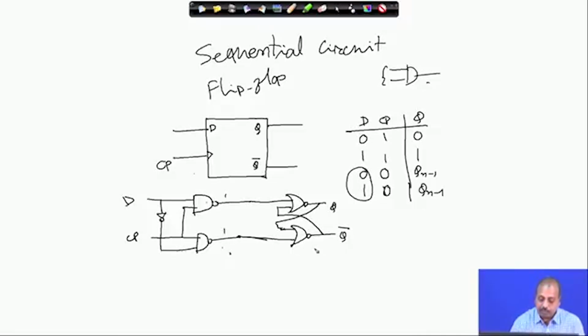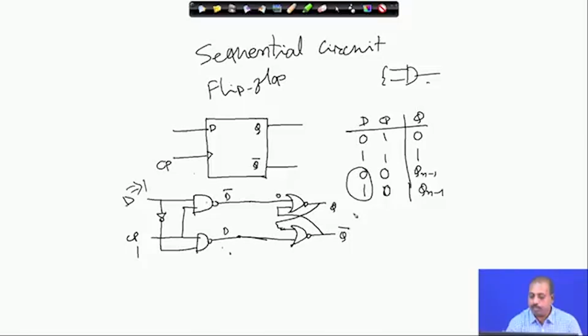If the clock pulse value is equal to 1, then at this point you get the value of D bar and here you get the value of D, because D bar comes here and is inverted. So, you get the value of D. Now, the D bar coming here. If the D value is say 1, then this D bar is 0, and this value is 0 along with whatever is the Q bar.